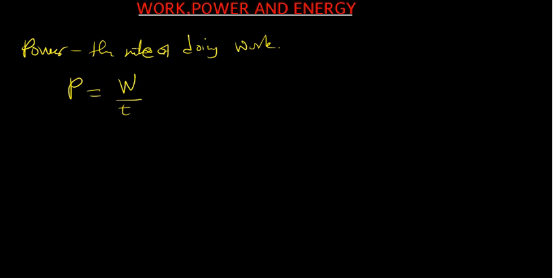Now notice that power is given by force times distance, and then over time. Now consider distance and also time. So I can also write this as force, and then I can put d over t alone inside. Now remember, this d is a change in distance.